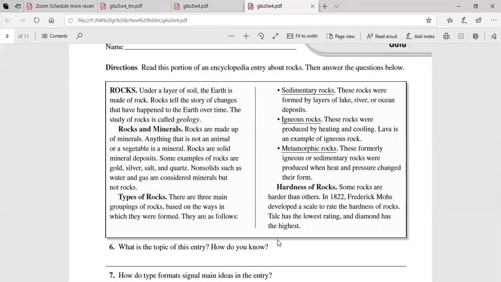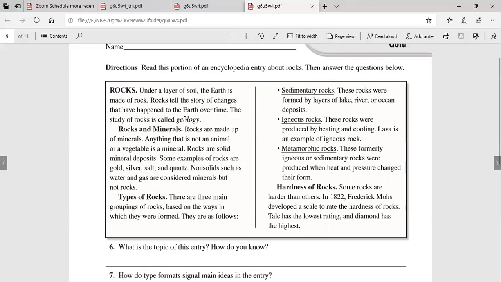That is to point out important terms or expressions. For example, this word is italics, geology. Why? You just read: the study of rock is called geology. That tells you that geology is more or less the most important word in this paragraph.